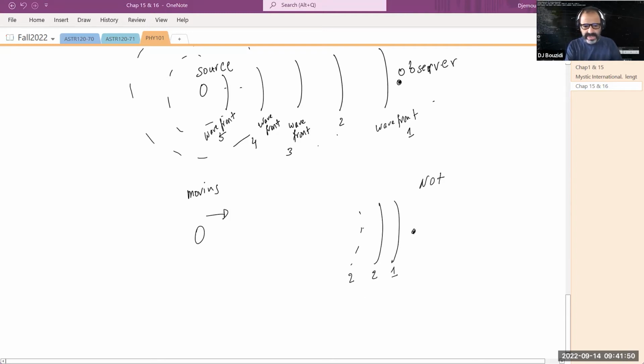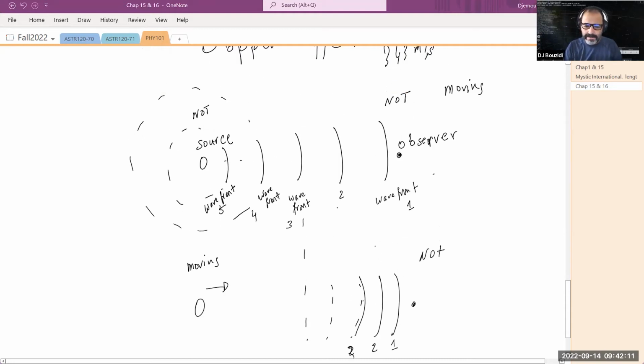And the same thing, when it emitted the third wavefront, which was supposed to be here, it actually moved twice. It moved the first time to emit the second one, and it moved again. So the third front is here, where it would have been had it moved only once, and so on and so forth. So the spacing between the different wavefronts is shrunk.